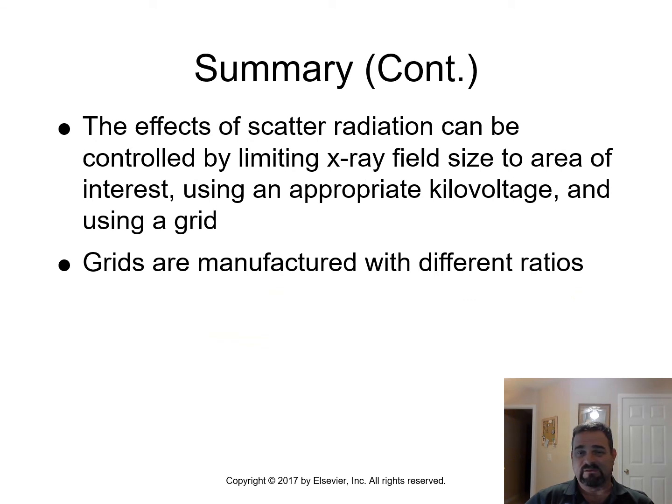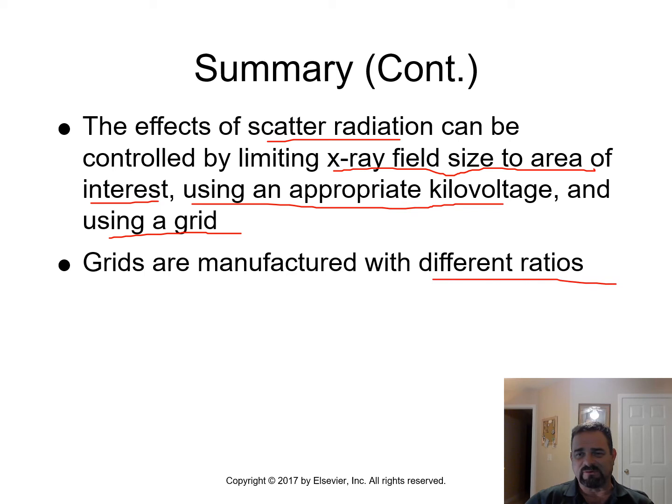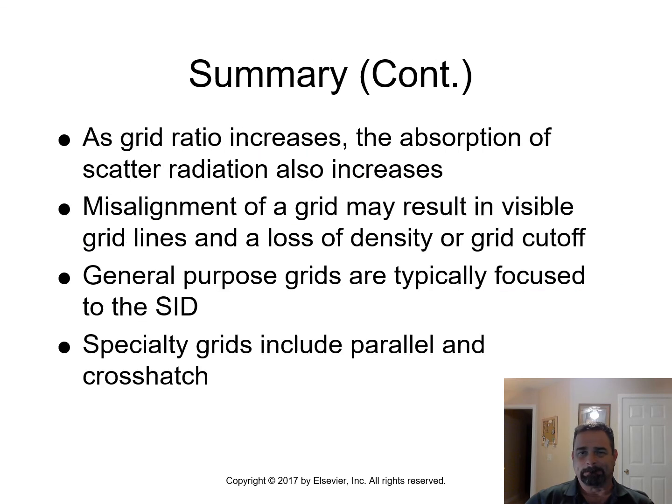The effects of scatter radiation can be controlled by limiting the X-ray field size to the area of interest, using appropriate kilovoltage, and also using grids. And grids are manufactured with different ratios. Finally, as grid ratios increase, the absorption of scatter radiation increases as well.